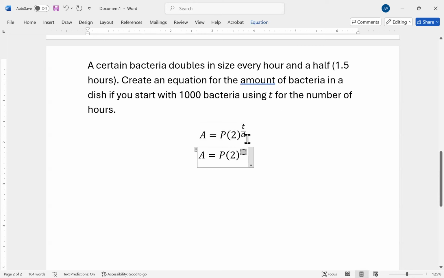And D is going to be the amount of time until we double. That's 1.5 hours. So I get T over 1.5 as my exponent. And then since we're starting with 1,000 bacteria, that's my P, my starting amount. Again, in money terms, we call that a principal.